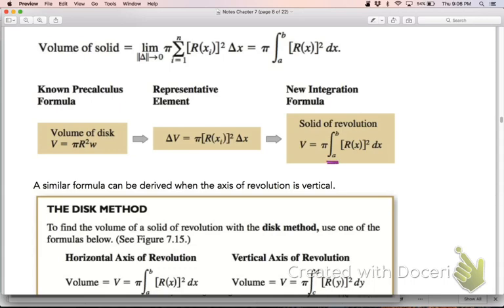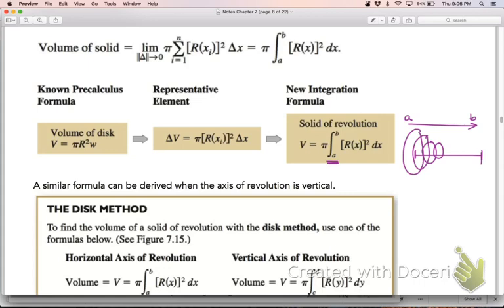Taking the integral from a to b, that determines the width of your figure, and then we have all of these discs as we go across that we want to add up. That's going to go from a to b. So the integral takes care of the width piece. Pi r squared gives you the area of each of those discs, and then we're going to add all of those together by taking the integral.